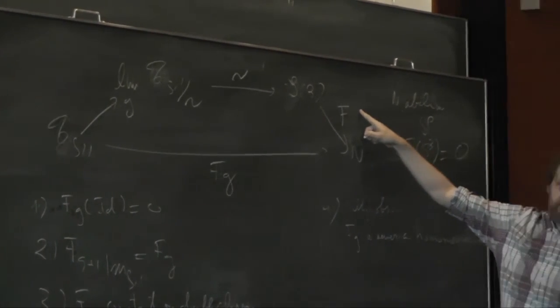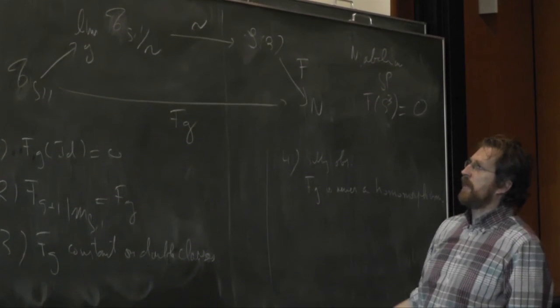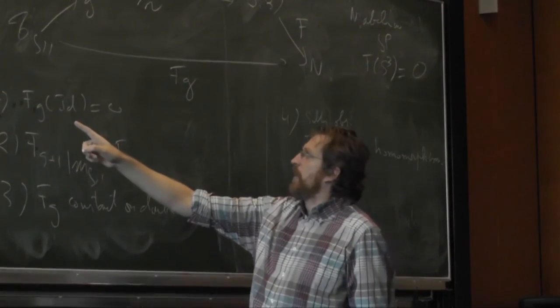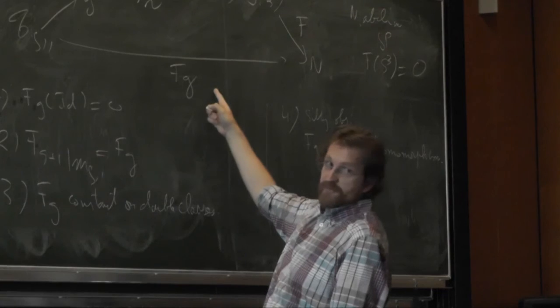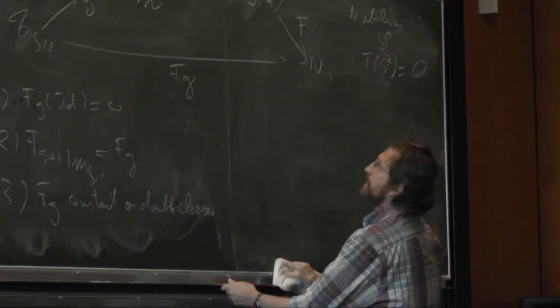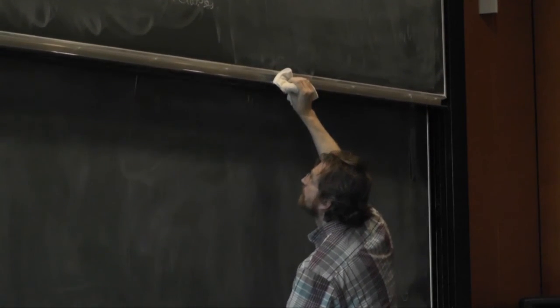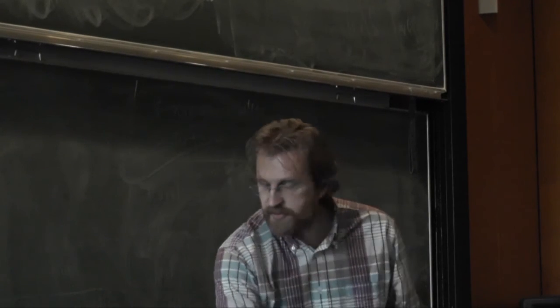Start with an invariant which takes the value 0 on the sphere, and you have a bunch of conditions on these functions FG. And now this is a little less silly observation, that this is never a homomorphism. That's a small lemma.